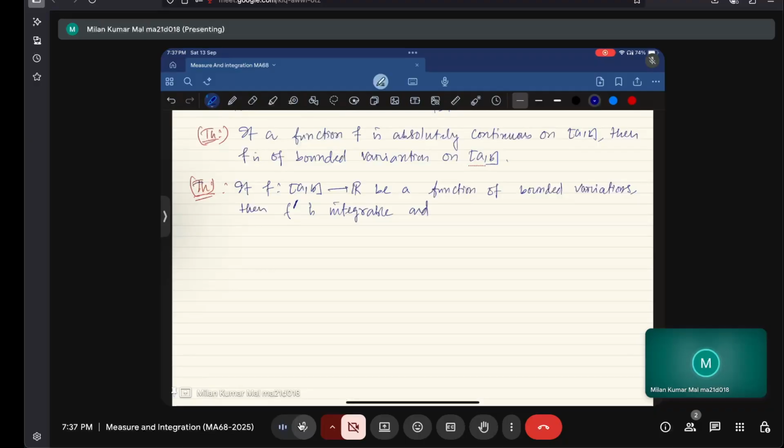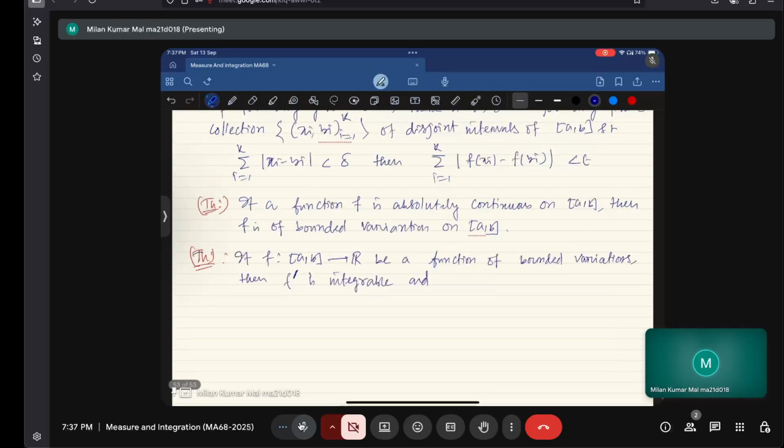Why is it differentiable almost everywhere? Because if a function is of bounded variation, then it can be written as the difference of two monotone increasing functions, and a monotone increasing function is differentiable almost everywhere.